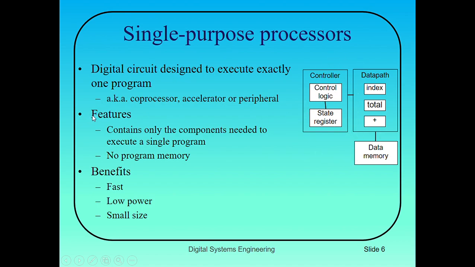They contain only the components needed to execute a single program, so they don't have program memory. They also have benefits: they are faster, they have low power dissipation, and they are smaller in size.